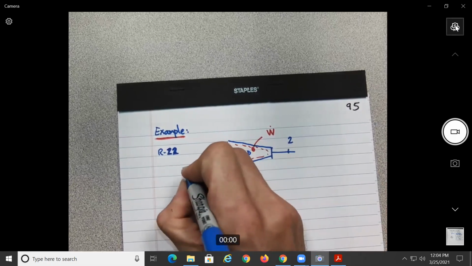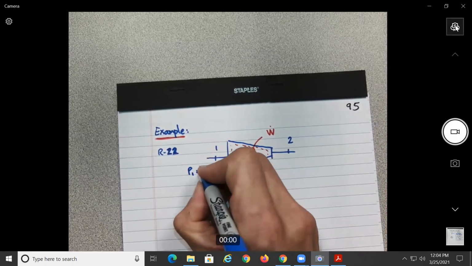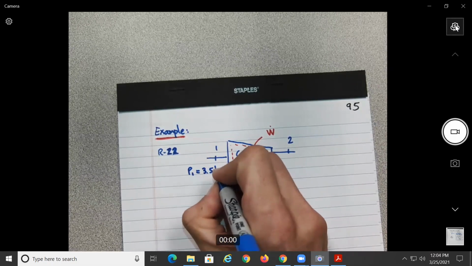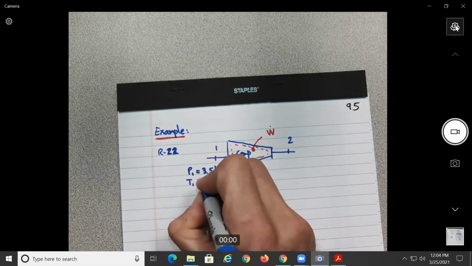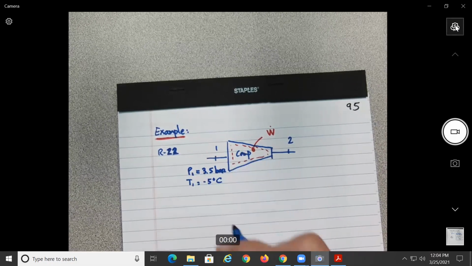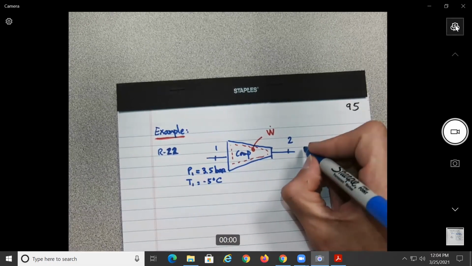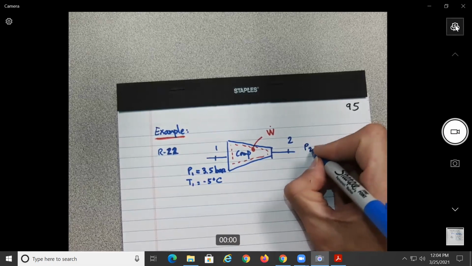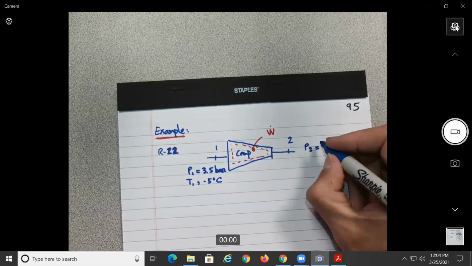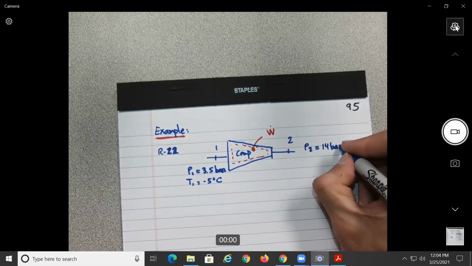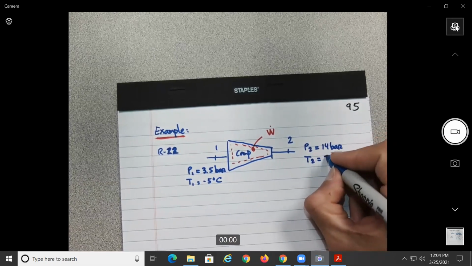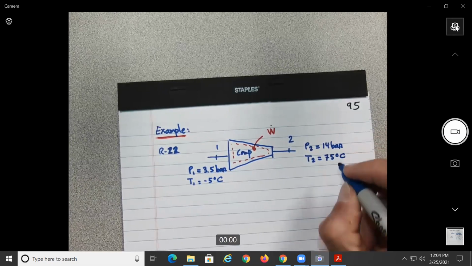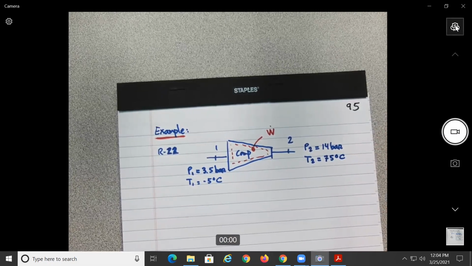You know that P1 is 3.5 bars and T1 is negative 5 degrees Celsius. Now you know that P2, so it should be higher than P1, is 14 bars, and that T2 is 75 degrees Celsius.